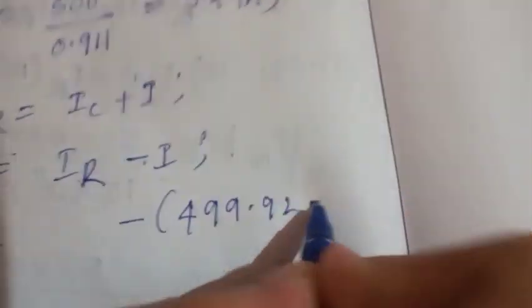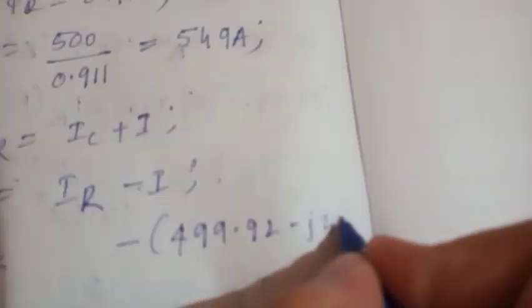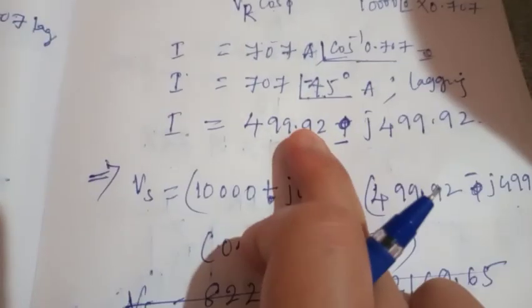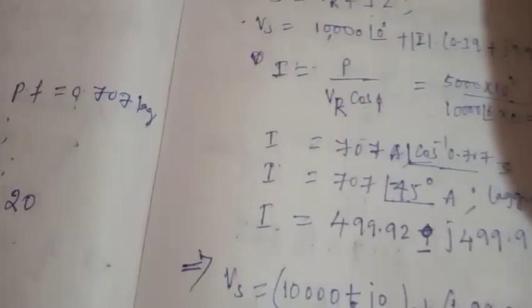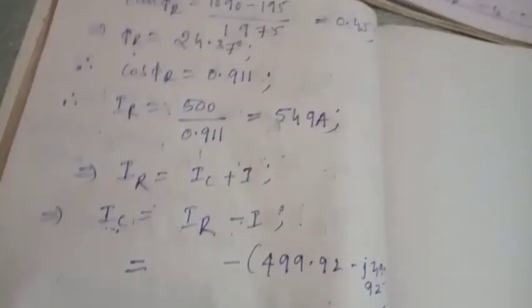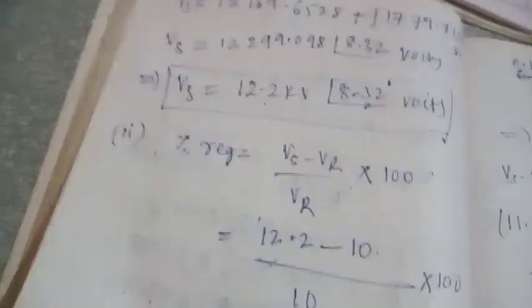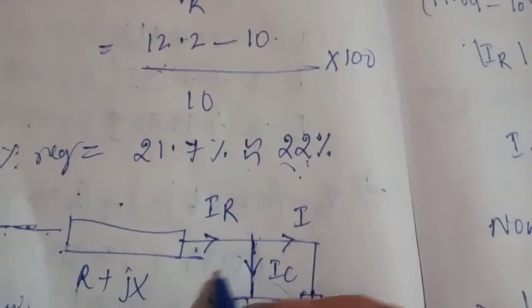Okay, this is I: 499.92 minus j 499.92. The same thing that I have taken here. Now, what is the receiving end current?